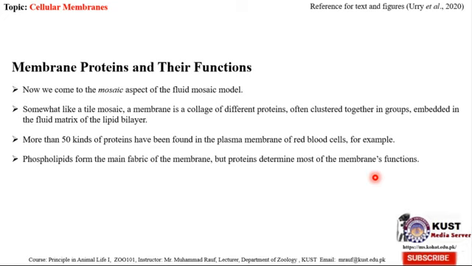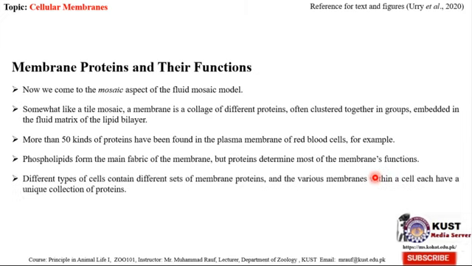Along with that, proteins also perform several other functions which we will study in the next two slides. Different types of cells contain different sets of membrane proteins, and the various membranes within a cell each have a unique collection of proteins. So that unique collection of proteins gives characteristic properties to membranes.